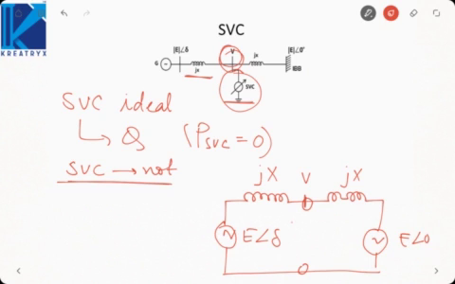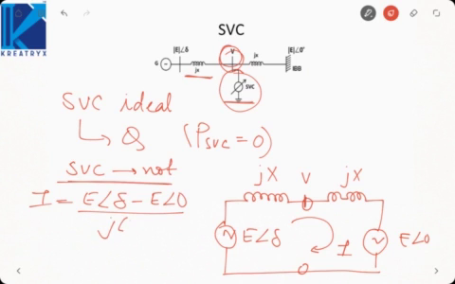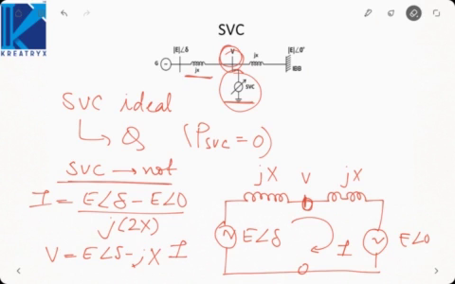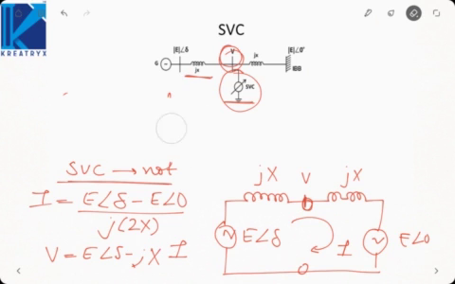First we have to find the current. What will be the current? It is (E angle delta minus E angle 0) by j2X. Now the voltage of the midpoint will be E angle delta minus jX into I. How much will this come out to be?